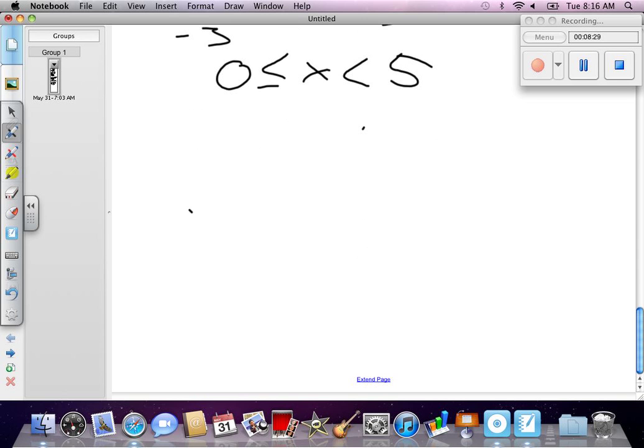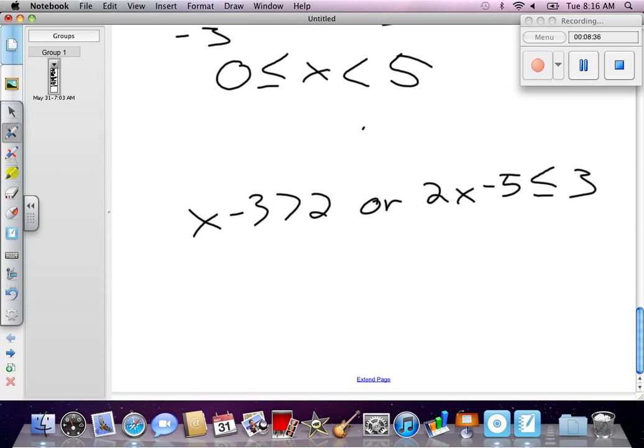Let's look at 7. X minus 3 is greater than 2, or 2x minus 5 is less than or equal to 3. Okay. Nick, how did you start this one off? Minus 3 or add 3? Add 3. So you got x is greater than 5.